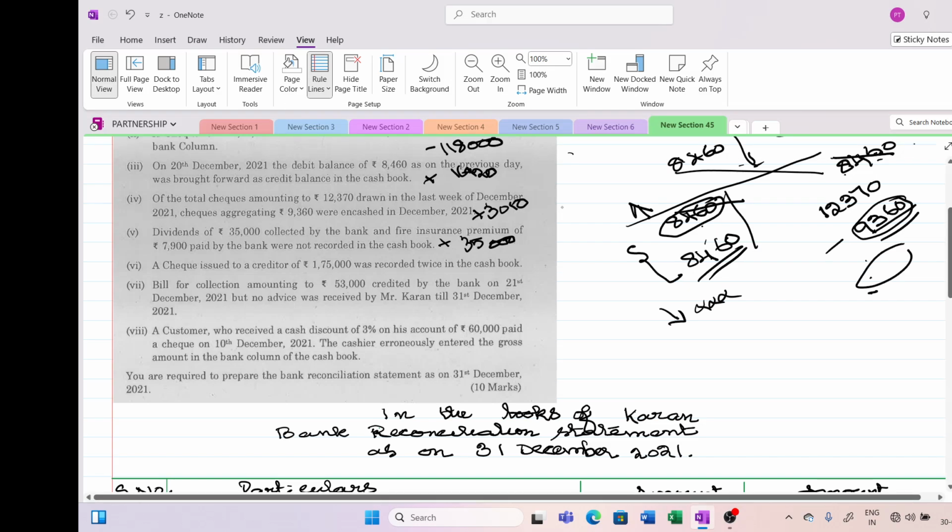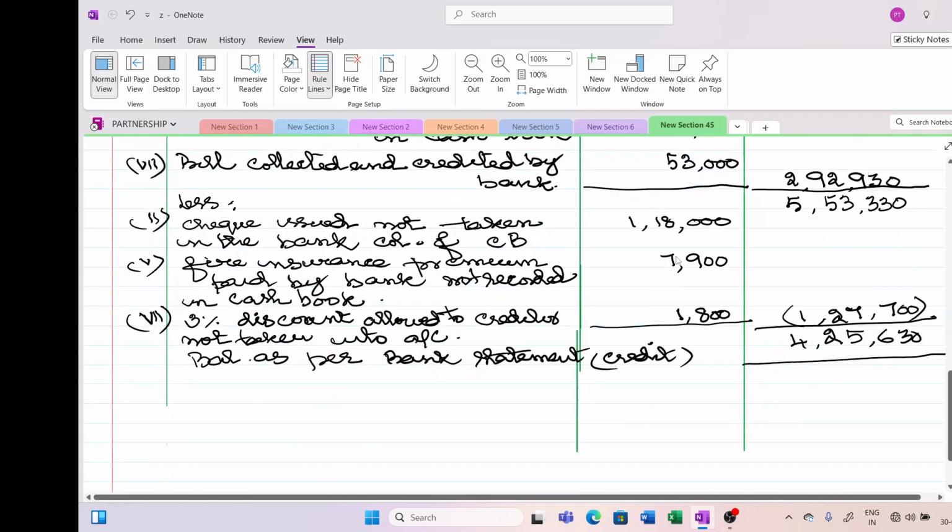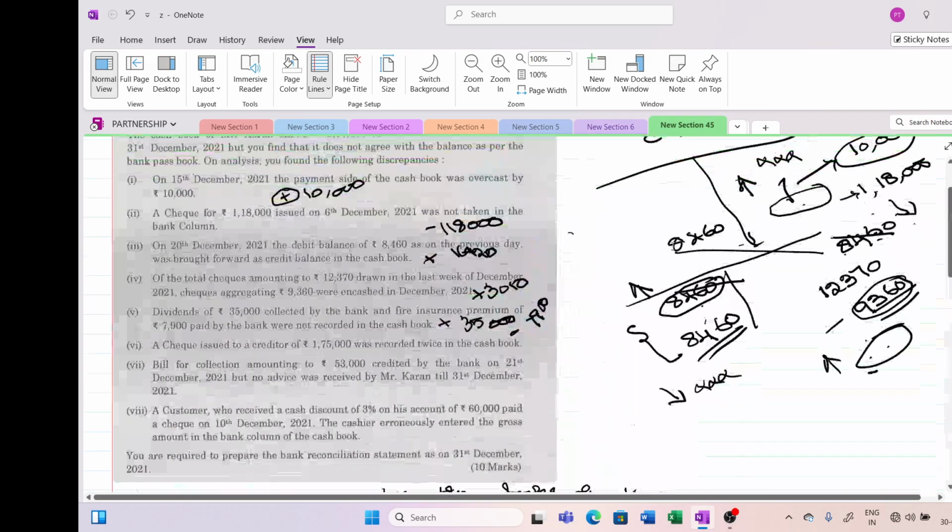We have forgotten to write. When we have forgotten to write, we have increased the balance. But bank it would have reduced. So you have to minus 7,900. I hope it's clear to all of you. See here down. So we have added this 3,010 and 35,000, and we have reduced 7,900.